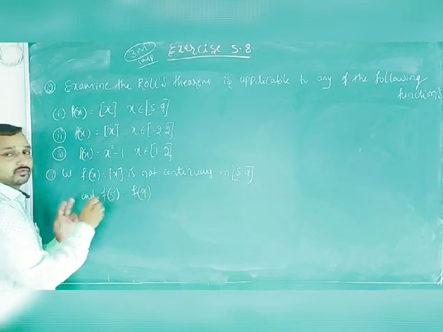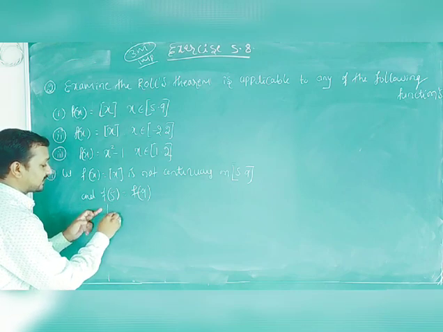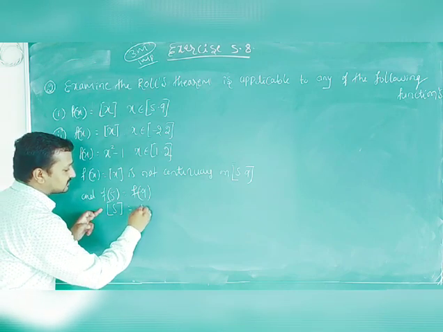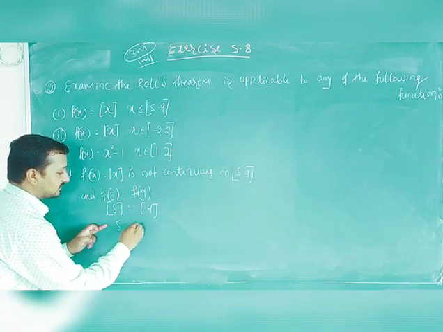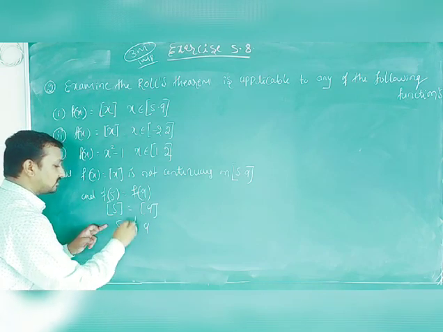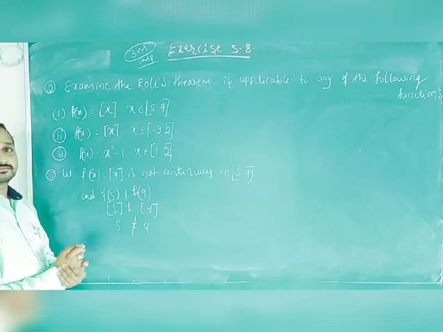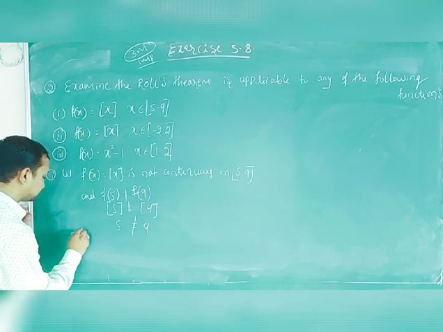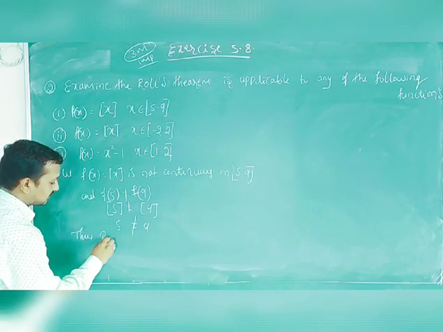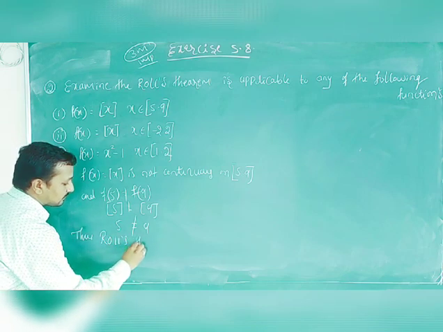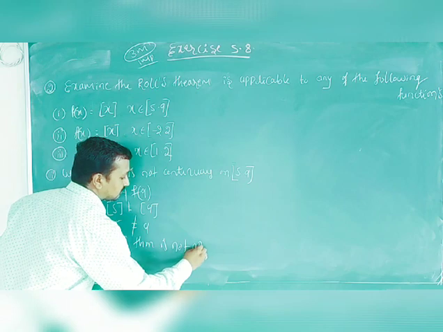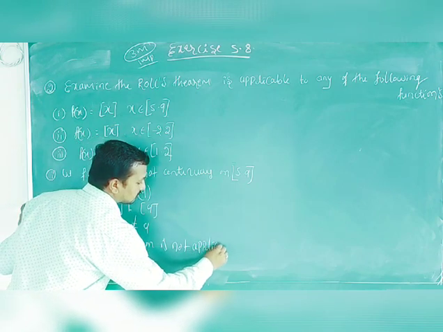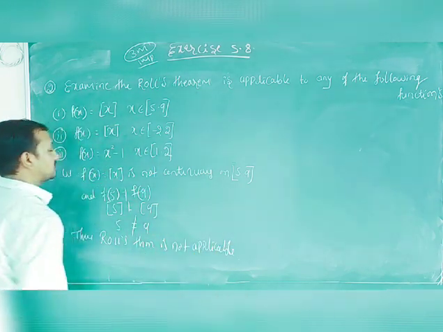Greatest integer of 5 is 5, and greatest integer of 9 is 9. This is also not equal. Thus Rolle's theorem is not applicable.